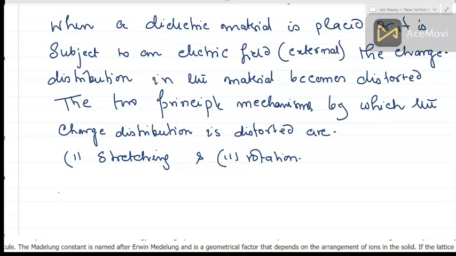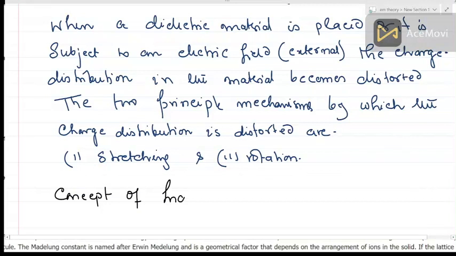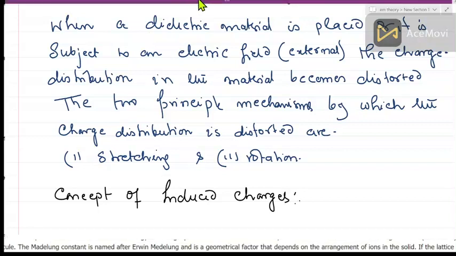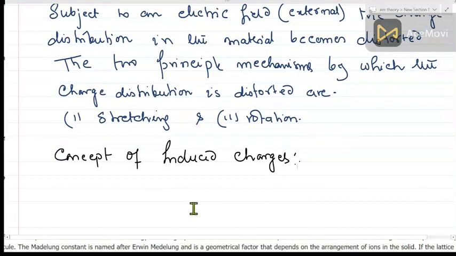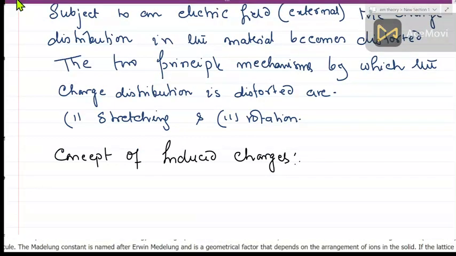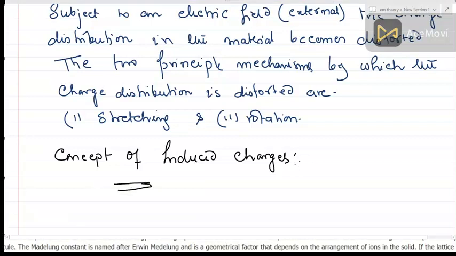Now how does this distortion take place, and how can this dielectric material behavior be explained? To understand this, we have to consider the concept of induced charges. What are induced charges? Induced means something which is introduced by an external factor.